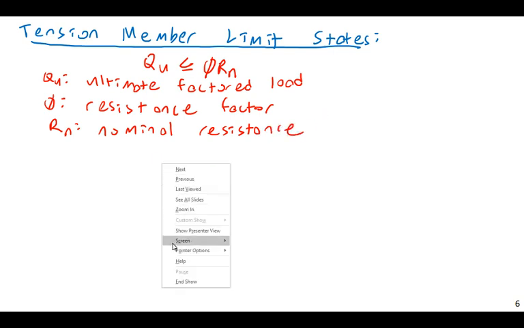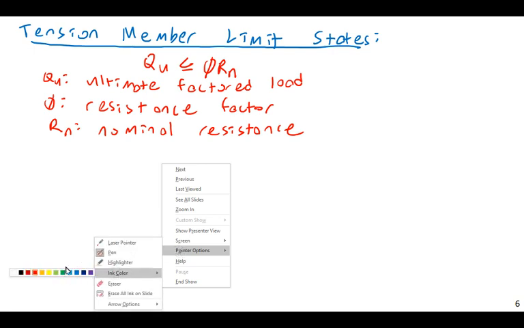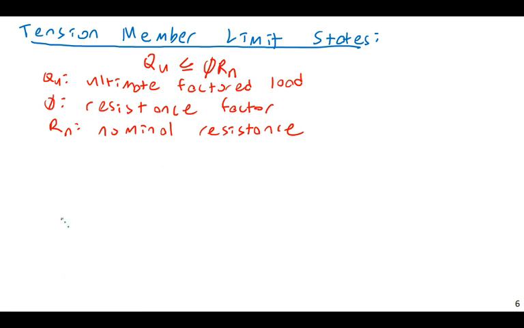Okay, so with that in mind, there are a few limit states we need to be aware of, and this is just for tension members. We'll look at connecting elements later as well, but I'm talking specifically about tension members right now. The first limit state is going to be yielding.